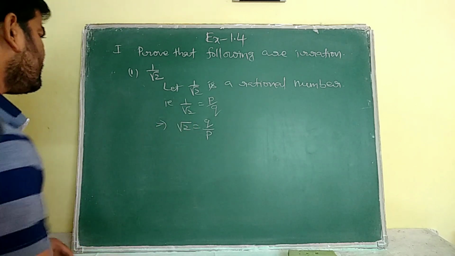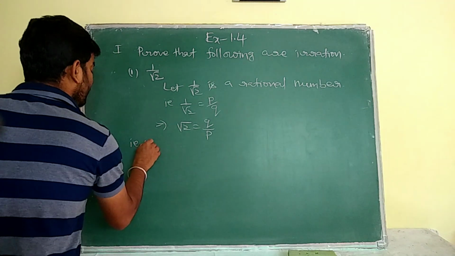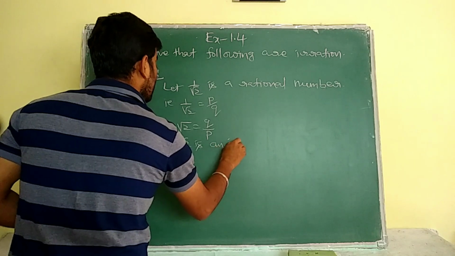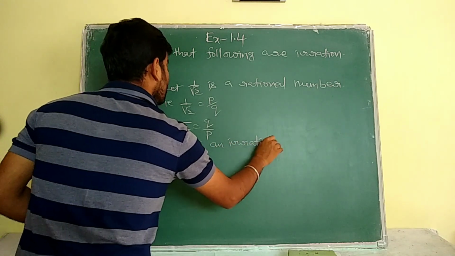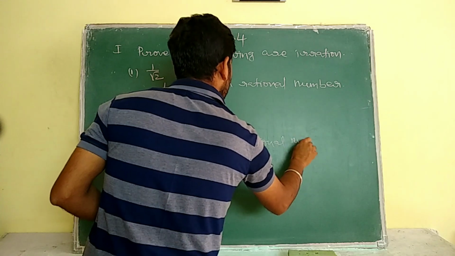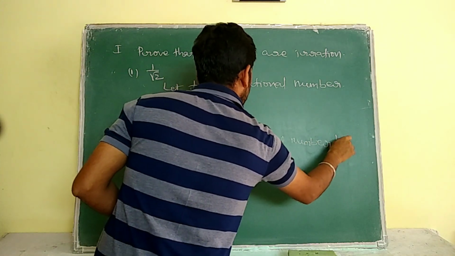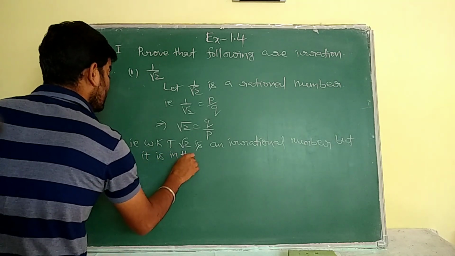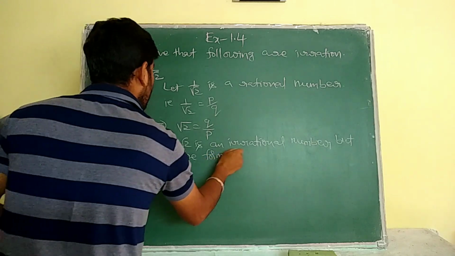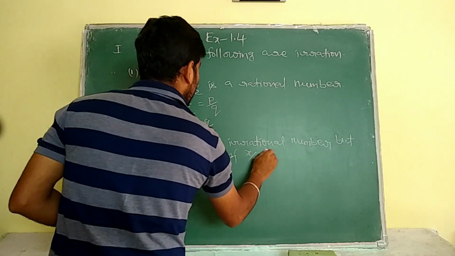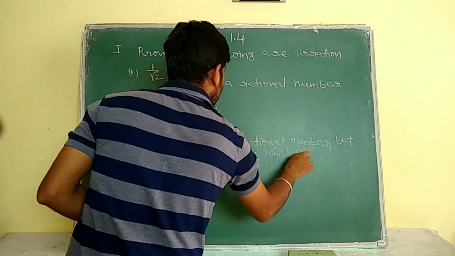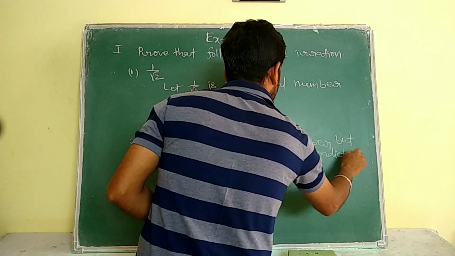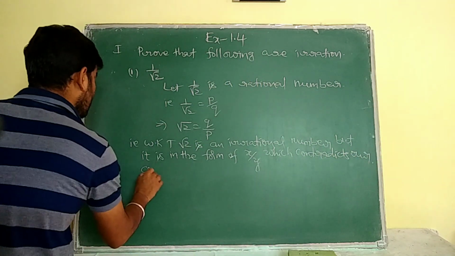So simply we will write, that is, we know that root 2 is an irrational number, but it is in the form of x by y, which contradicts our assumption.